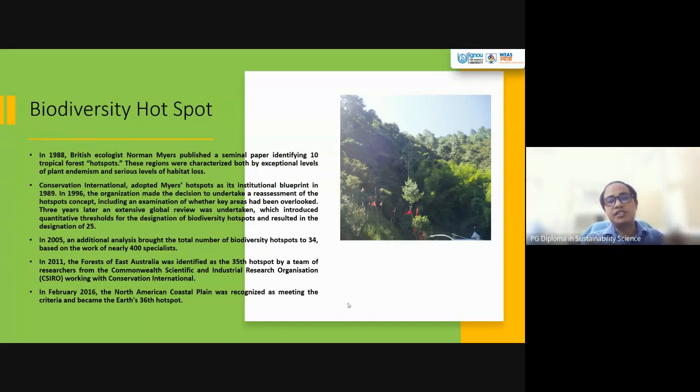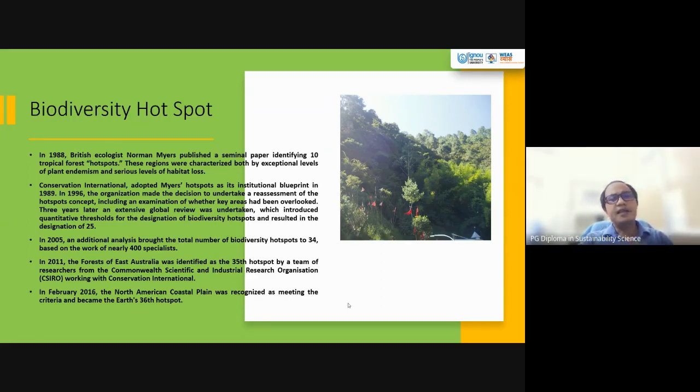So a hotspot is a place where diversity is very high, plant endemism is also there, and at the same time there is serious habitat loss. This is the basic concept of a biodiversity hotspot, right?